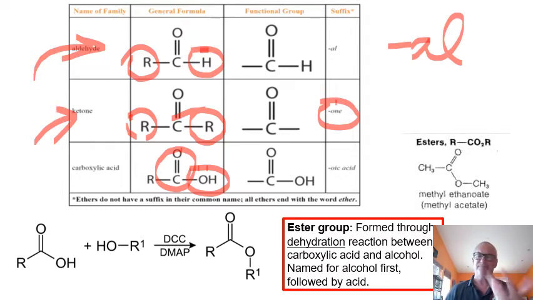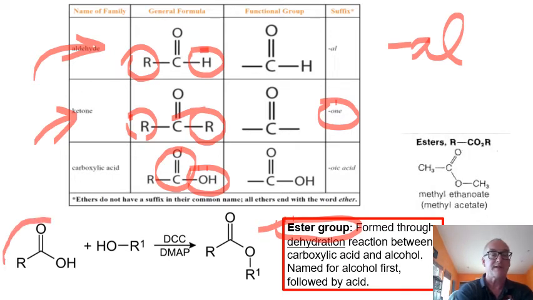Another one that we'll talk about a little bit is called the esters. Now, if you're going to take organic chemistry a little further, with a lab portion with strictly organic, you're going to make esters in the lab, and it's really fun because esters have this incredible scent to them. And that's formed through a dehydration reaction, and a dehydration reaction means that water is released.